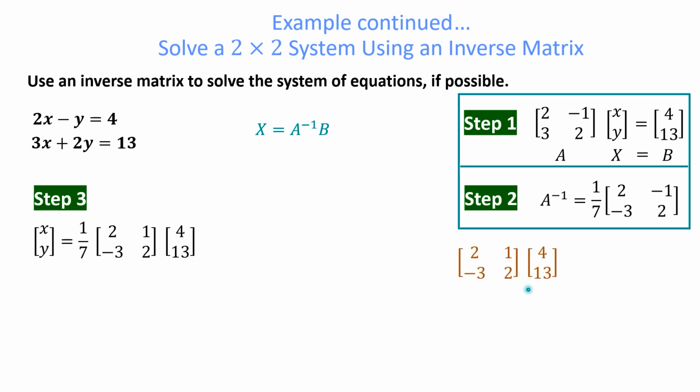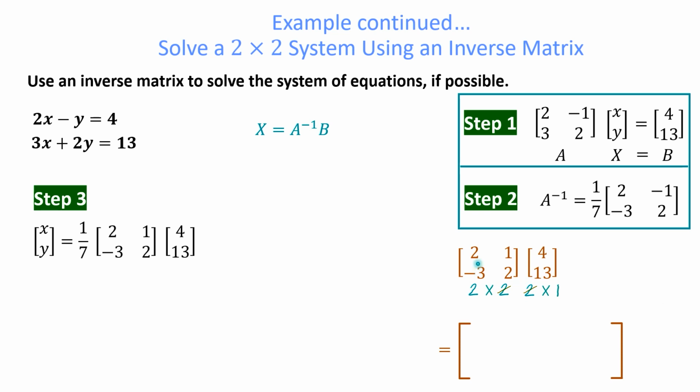So I'll do the working out for this over here. Now we have a 2 by 2 matrix multiplied by a 2 by 1 matrix. Now if we multiply these two correctly, we should end up with a 2 by 1 matrix. So we should end up with 2 rows and 1 column. So let's actually multiply these together.